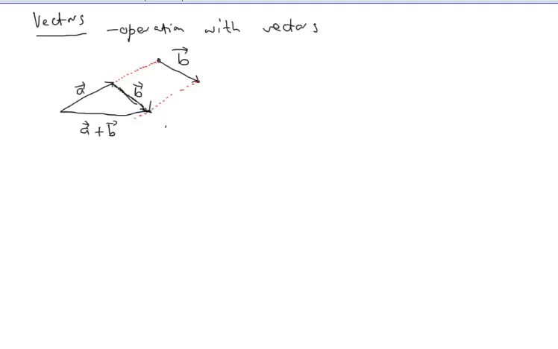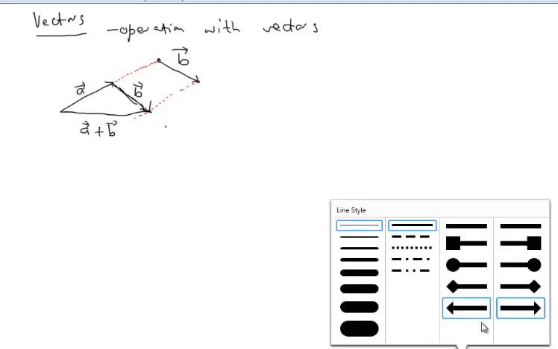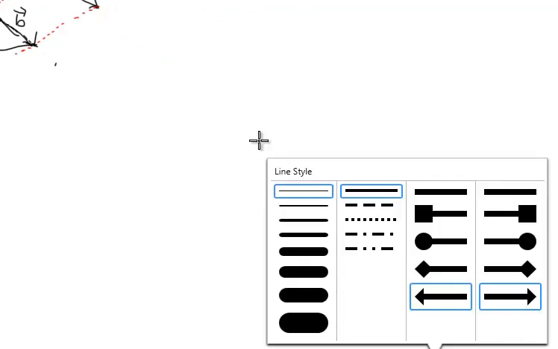Okay. Now let's say we've got C. Let me try this one. And then let's say you've got C there.